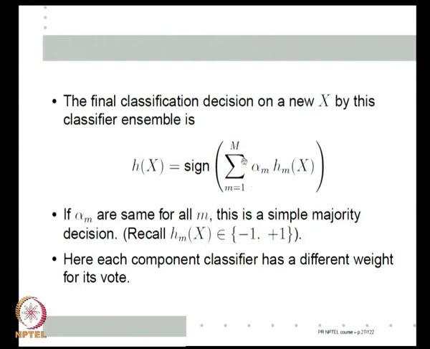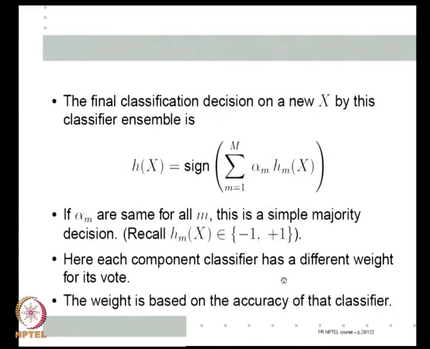The weight is alpha_m. Weight depends on how good that classifier has been performing. The weight is based on the accuracy of that classifier. So, this is a very interesting way to combine, and once again a very general purpose way to combine classifiers, what is called a weighted majority vote. This is also a very interesting feature of this AdaBoost algorithm.